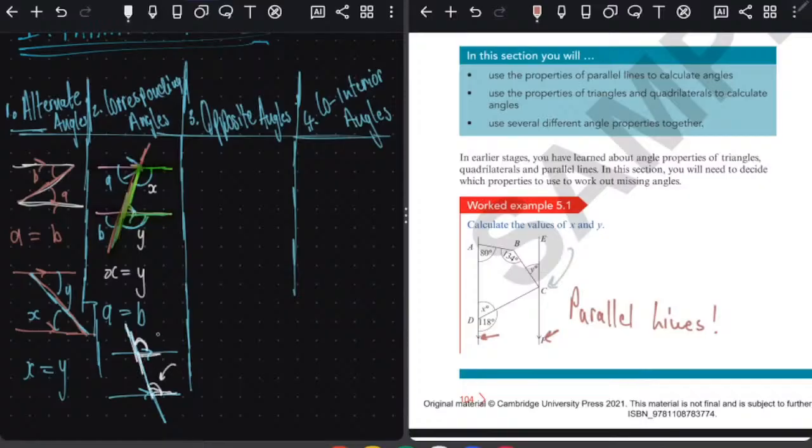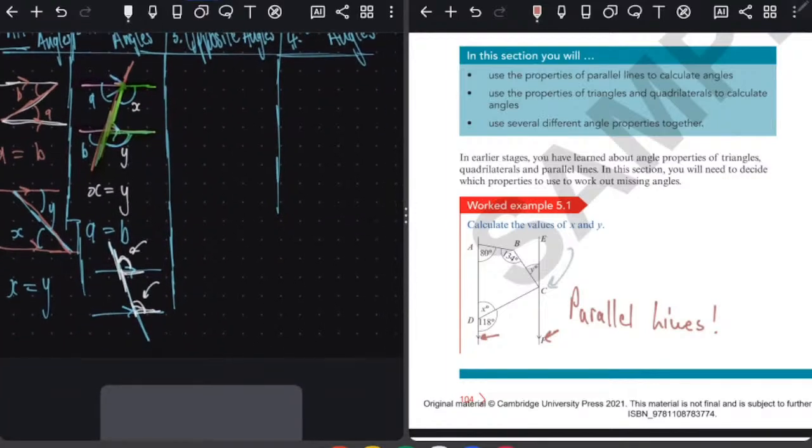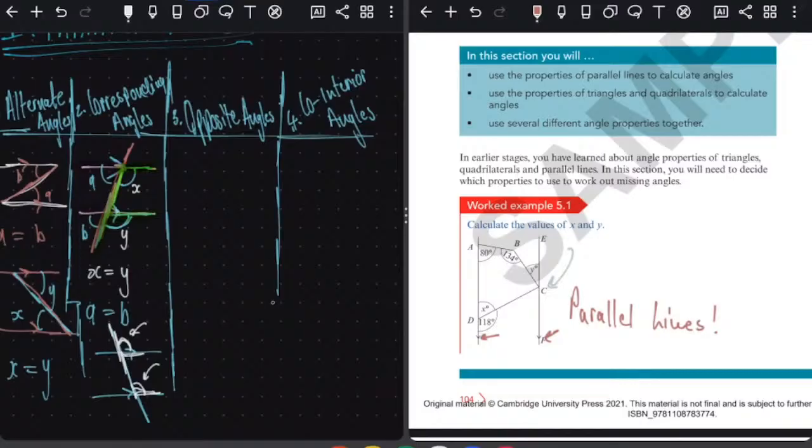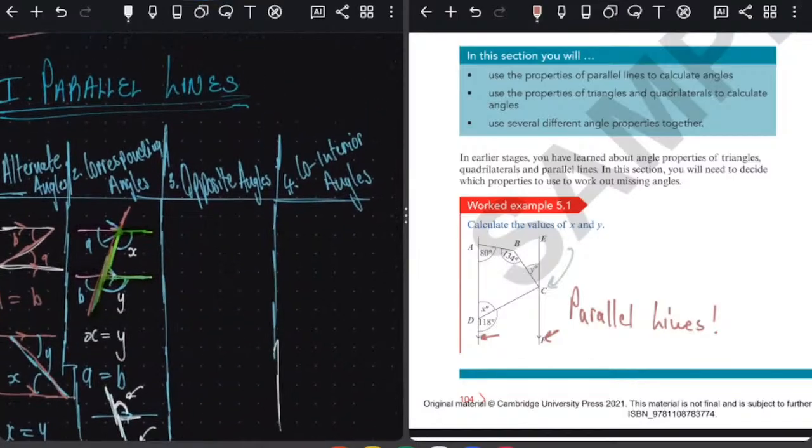This one and this one, they'll be equal. Corresponding angles are equal. Alternate angles are equal. Corresponding angles are equal. They make the letter F. Do you hear me?